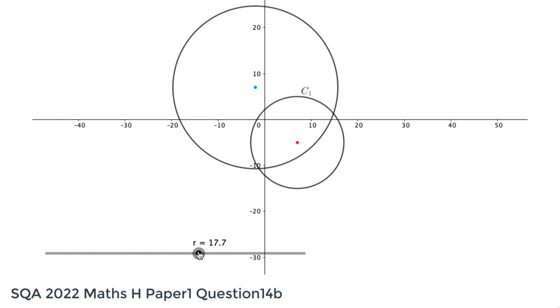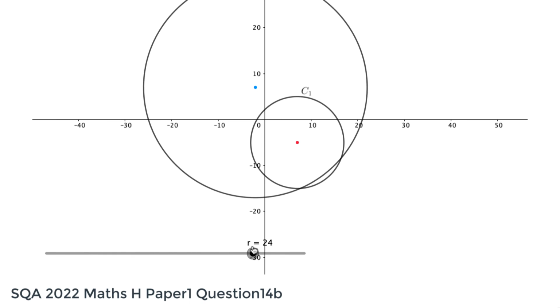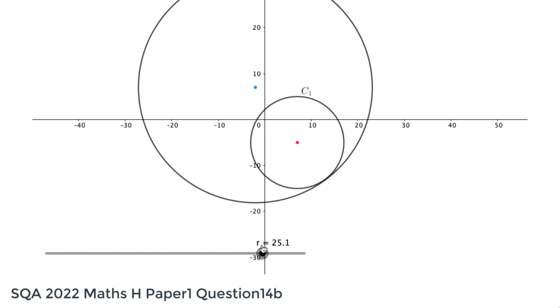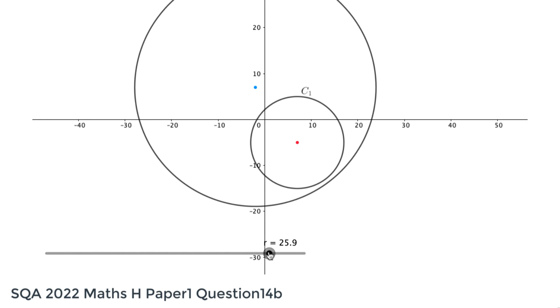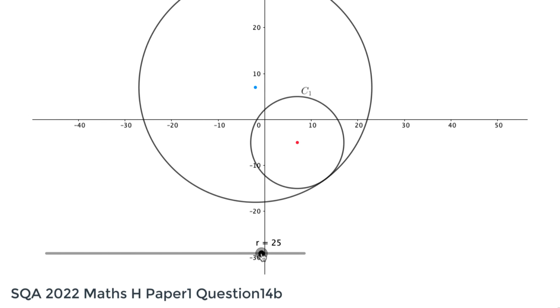But as we continue increasing the radius, there comes a point where it touches the other circle, and that's just before it completely misses the circle. So at that position there, and the slider here says 25 by the looks of it, well, let's just check if that is 25.